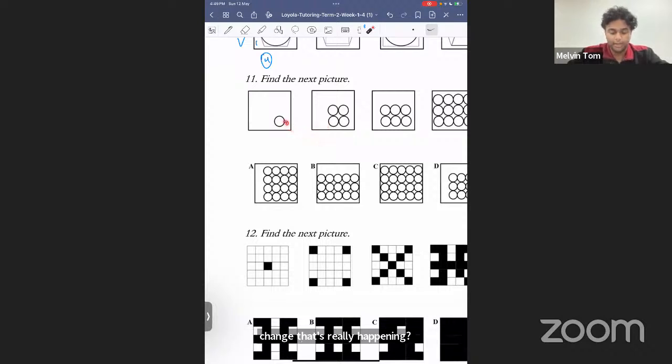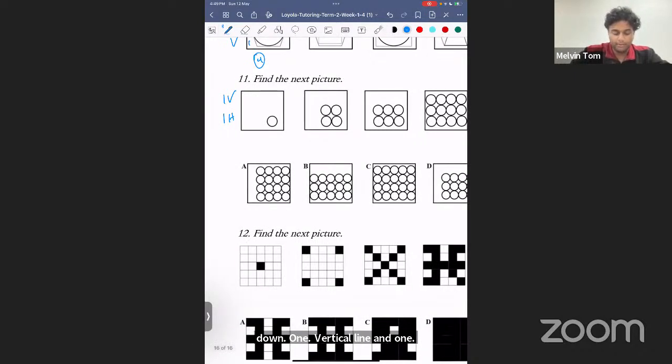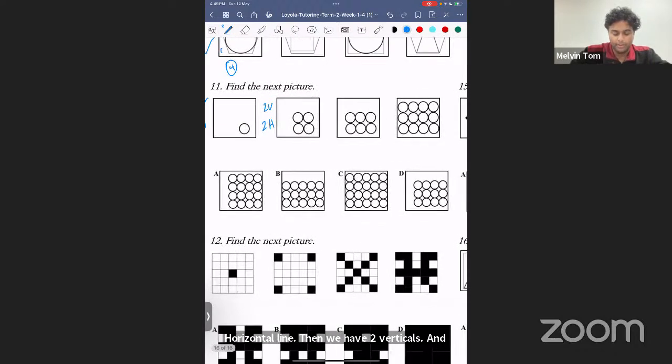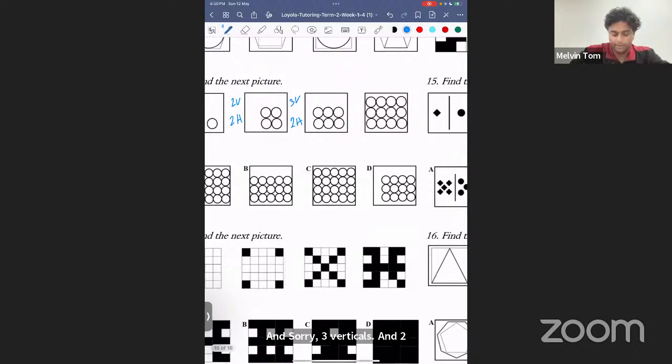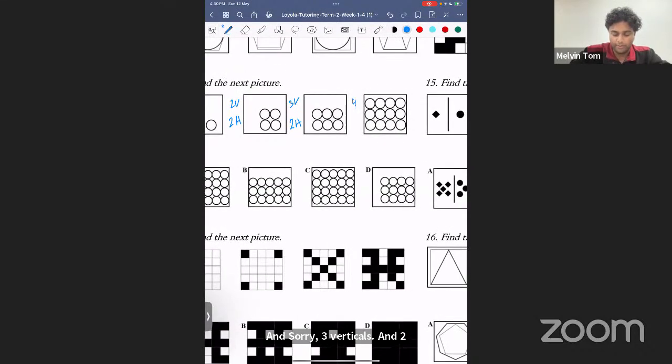So if you were to write it down, we have 1 vertical line and 1 horizontal line. Then we have 2 verticals and 2 horizontals. And then we still have 2 verticals and 3 verticals and 2 horizontals. And then we have 4 verticals.